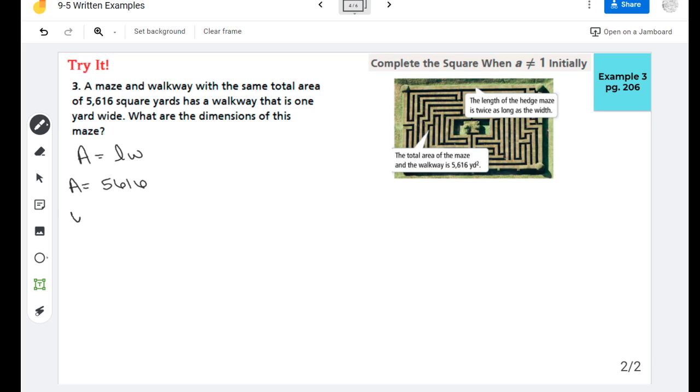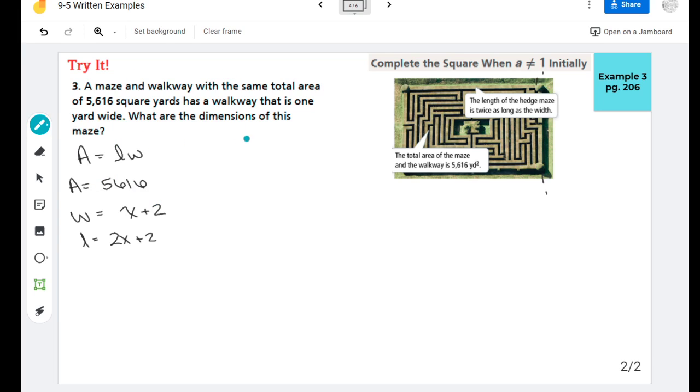Okay, our width is going to be x, and then we're adding our walkway to it. Now the walkway is only 1 yard out, so that's how they're changing it, this is now x plus 2 instead of x plus 4. And then my length is twice that width, so 2x, and then it has that walkway rounded of 2.